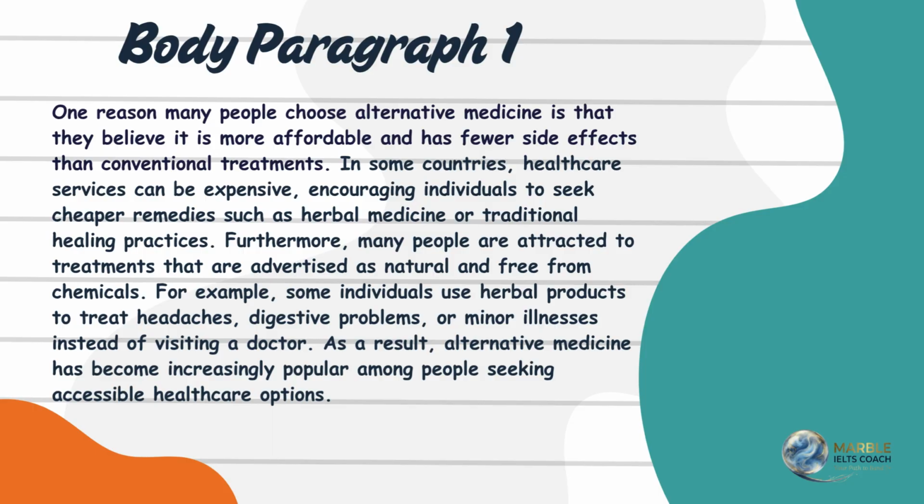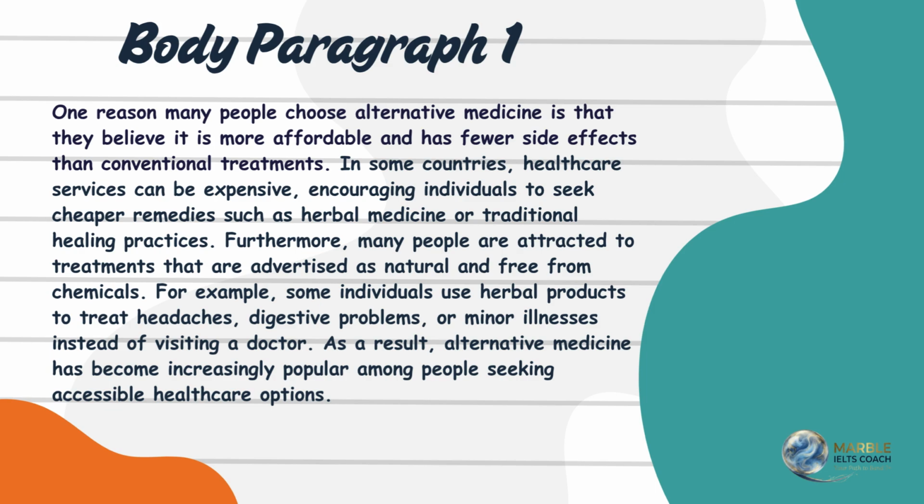For example, now that is my example, some individuals use herbal products to treat headaches, digestive problems, or minor illness instead of visiting a doctor. My linking sentence. As a result, alternative medicine has become increasingly popular among people seeking accessible healthcare options.